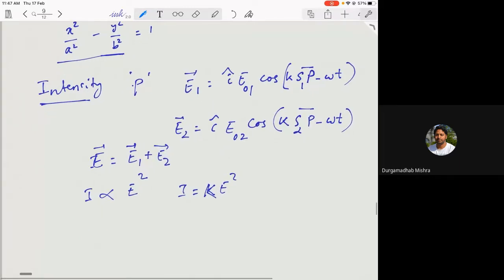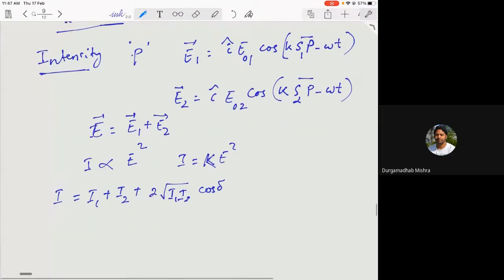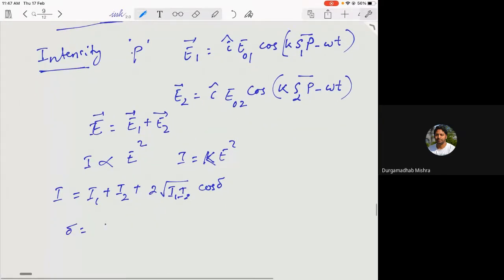So again, the total intensity, you can see again in the book. You can also calculate. This will come out to be I1 plus I2 plus 2 root(I1 I2) cosine delta. And what is delta? Delta here is the phase difference.